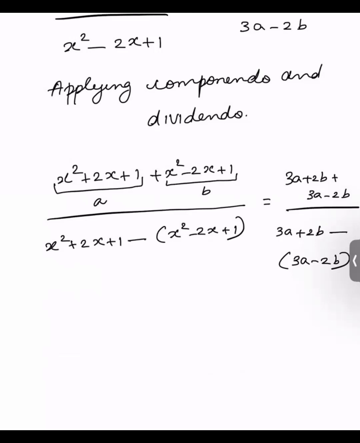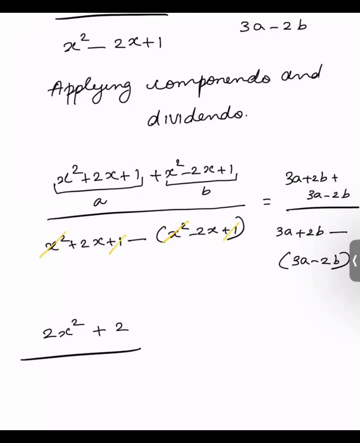So I'm getting X square plus X square is 2X square, plus 2X minus 2X will cancel out, plus 2 divided by, this X square and this X square get cancelled out. This plus 1 and this plus 1 will get cancelled out.